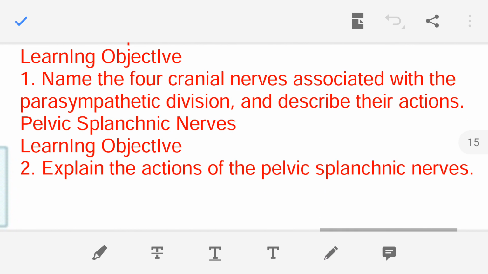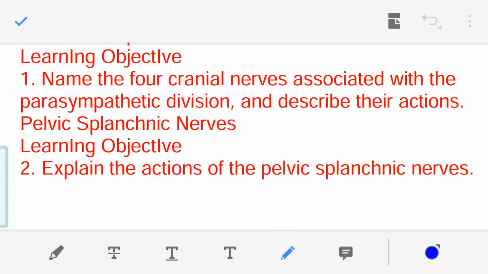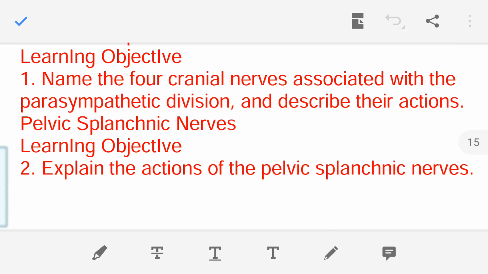Then from the spinal cord, the pelvic splanchnic nerve arises, and where this pelvic splanchnic nerve travels, and what the action of the pelvic splanchnic nerve is. Okay, the function of the pelvic splanchnic nerve we are also discussing in this lecture.